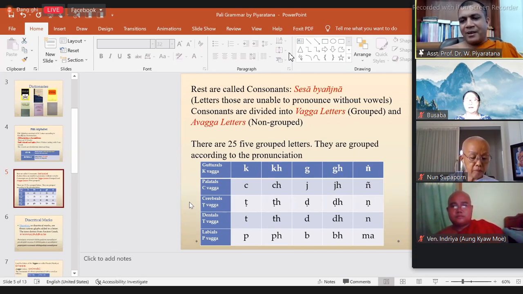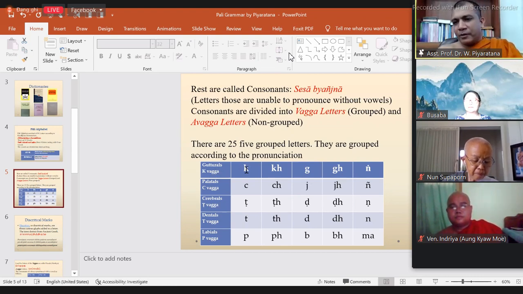The last letter we call a nasal, because these five letters are pronounced like a nasal consonant. Nasal consonants we will come to later.